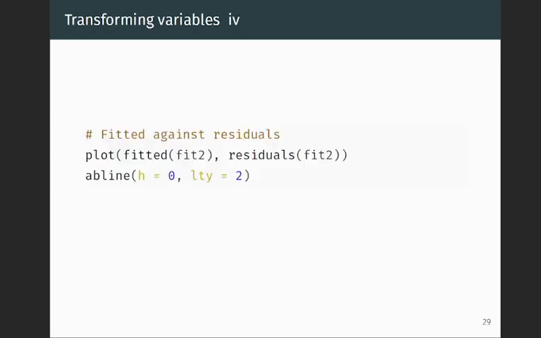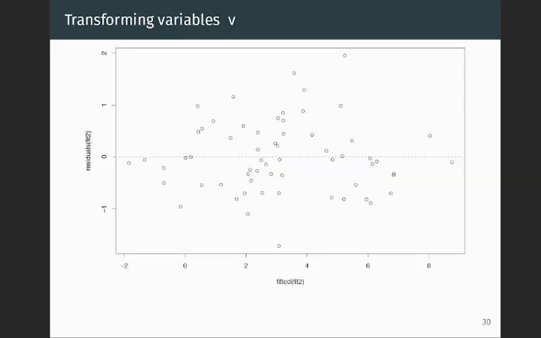And next, let's look at the fitted against the residuals. And now we don't see much evidence of heteroskedasticity. This pattern looks quite uniform. Maybe there's a little bit more variance in the middle, but that's pretty slight.